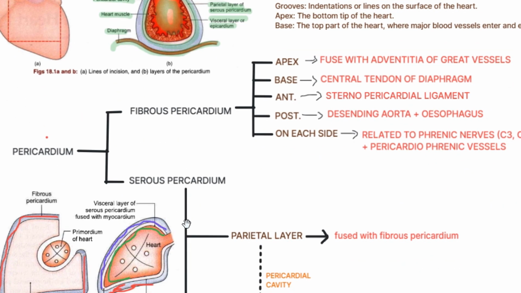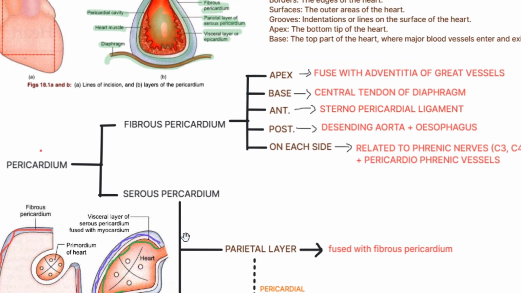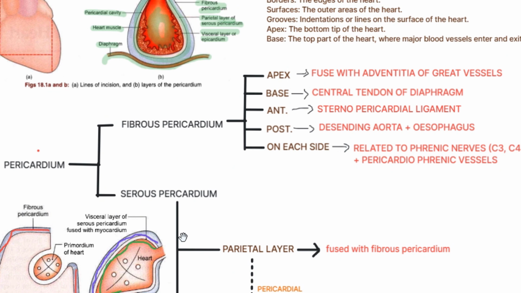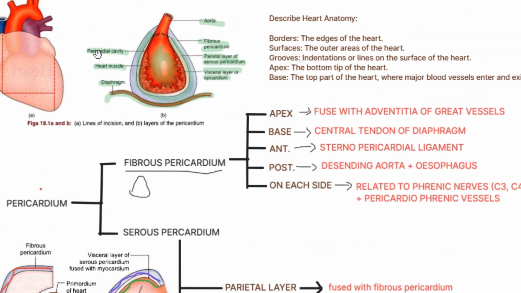Now, we said that your pericardium is divided into two parts. This is your fibrous pericardium and then there is your serous pericardium. Your fibrous pericardium is your conical sac. It will look like something like this, how we have seen it here.